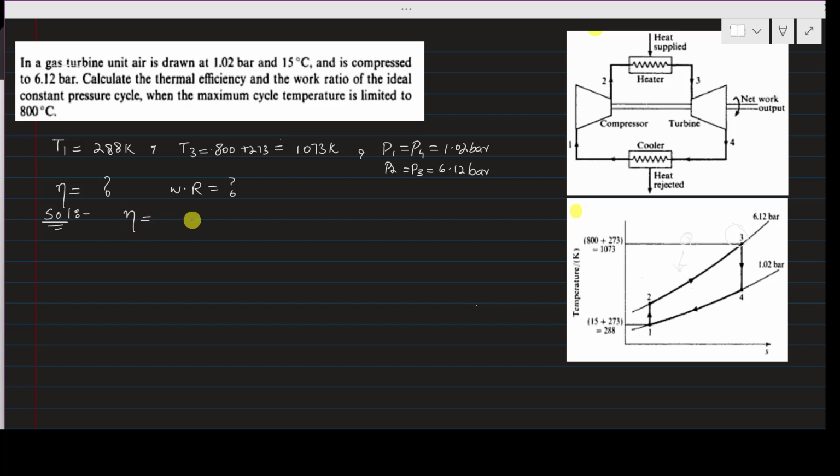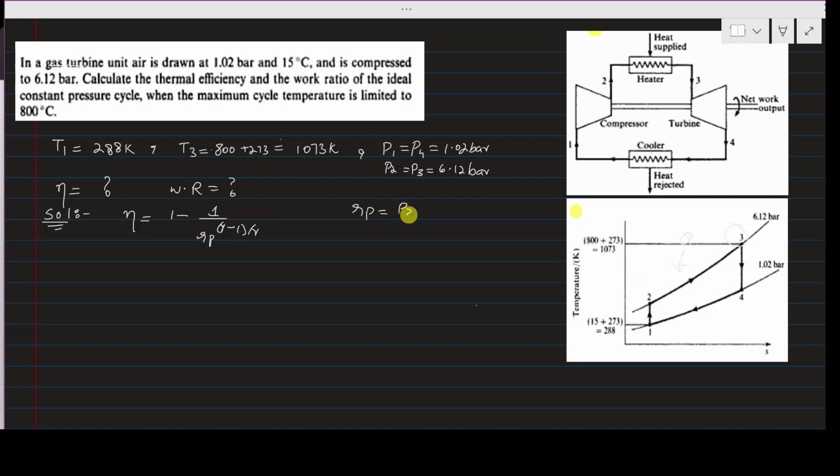Thermal efficiency is equal to 1 minus 1 divided by Rp to the power of (gamma minus 1) divided by gamma. Rp is the pressure ratio. Remember, this is in the power form, not the base form. So what is Rp? Rp is the pressure ratio, the higher pressure to the lower pressure.